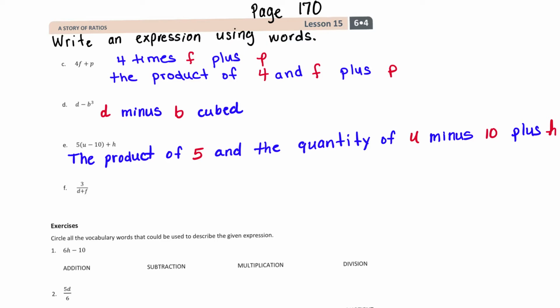Let's look at it one more time. The product of 5 and the quantity of u minus 10 plus h.